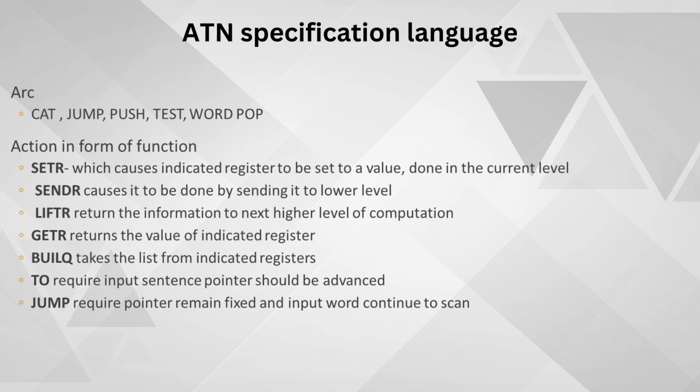Actions are in the form of functions. Some of the actions which are used in the ATN specification language are SETR. What does SETR do? It is a command which indicates that a register should be set to a given value. There are various types of registers.